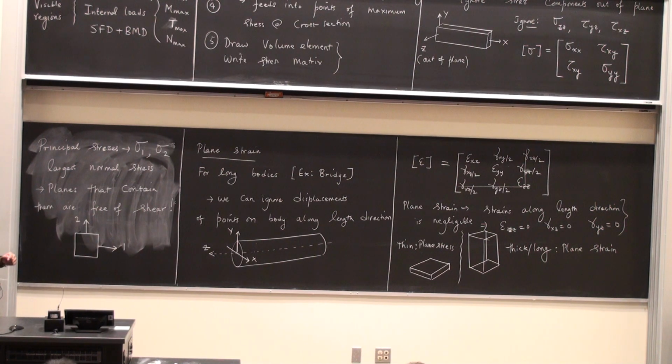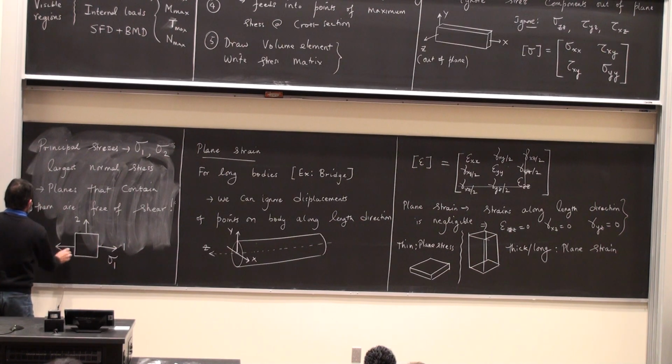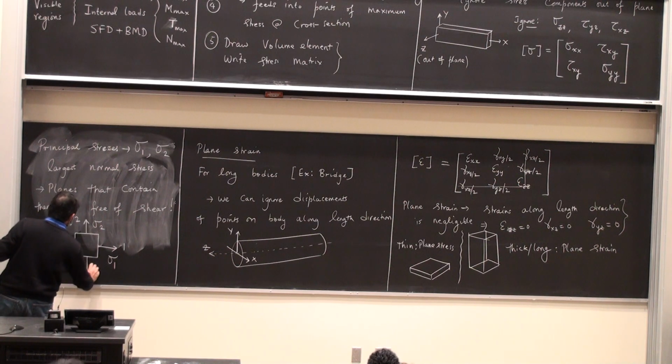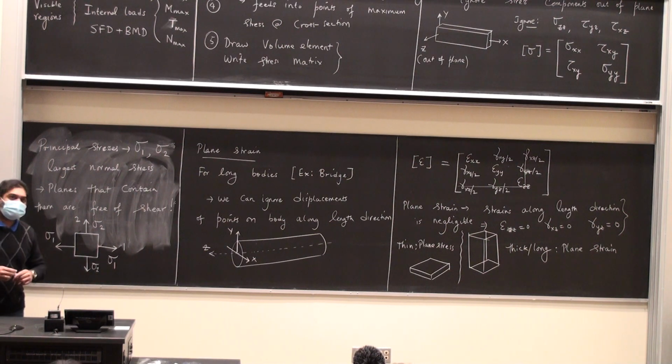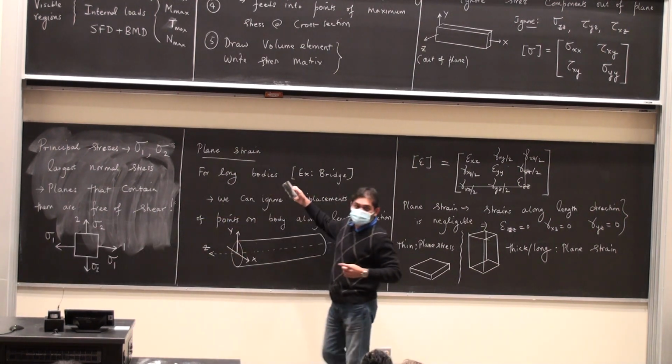The third one will be 0. Okay? So positive sign convention says this is sigma 1, sigma 1, sigma 2, sigma 2. So let's see why there are only normal stresses on this particular plane. I'm going to remove this panel here as well.